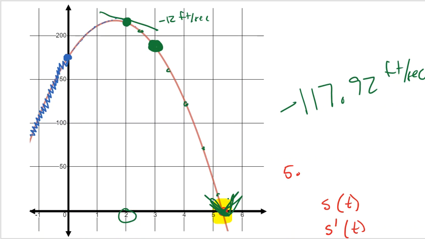If I plug 3 into the derivative, I get the velocity of this ball at that 3-second instant. How fast was that ball moving? So the position function gives me the height above the ground. The derivative of that function gives me the velocity, the rate of change, which is the slope.